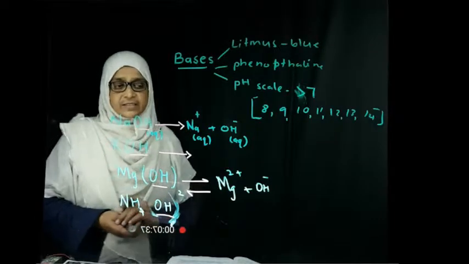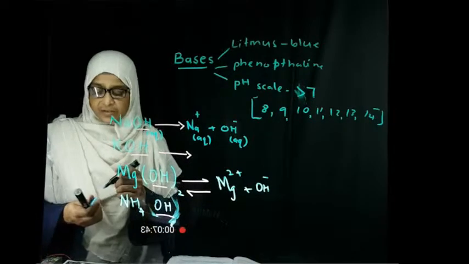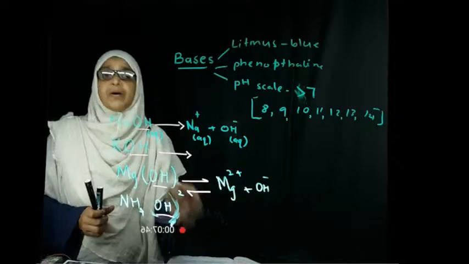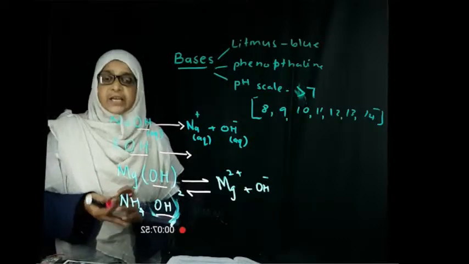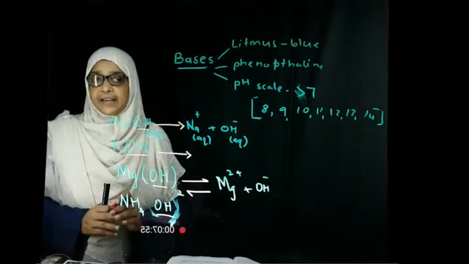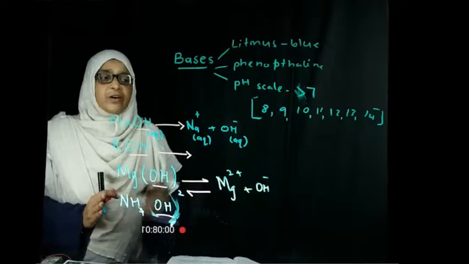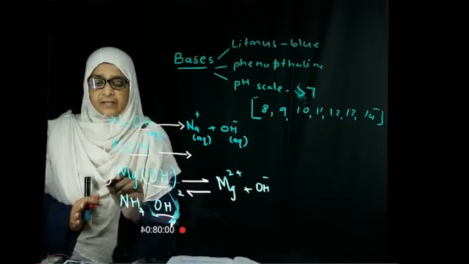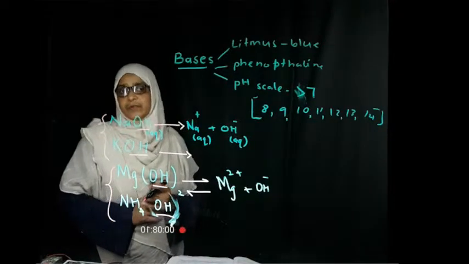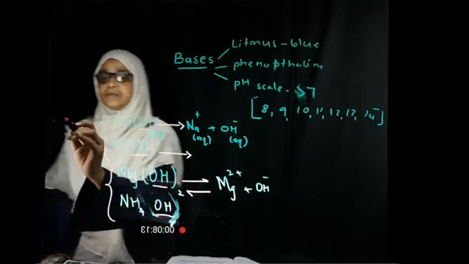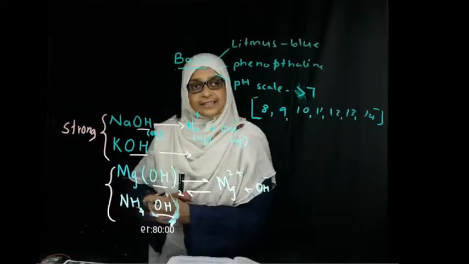So according to this, ammonium hydroxide also is partially ionized. Very quickly I want to complete this, so I am not writing the ionization formulas here. So according to the strength of ionizing, these bases can be categorized into two: strong base and weak base.